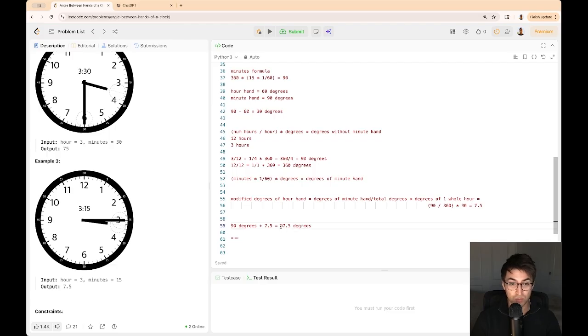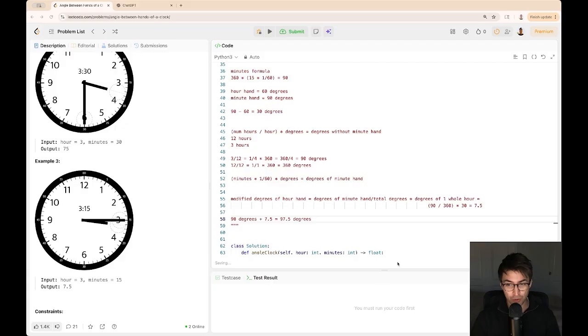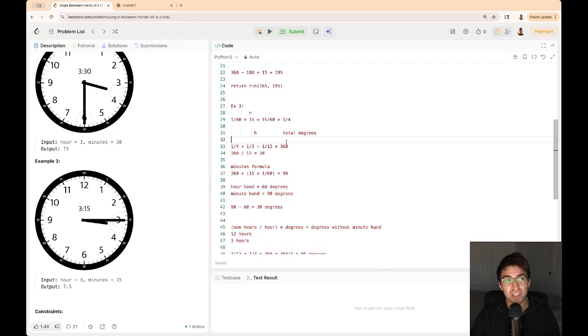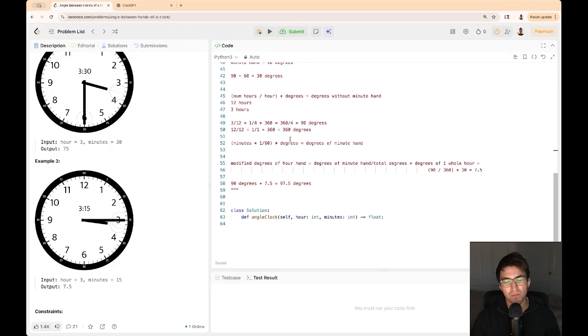So 97.5 minus 90 is 7.5, and that's how we get the output. Okay, I'm going to start coding this because I've reached a point where perhaps my exact formula isn't exact, but sometimes I think I just got to get going now.